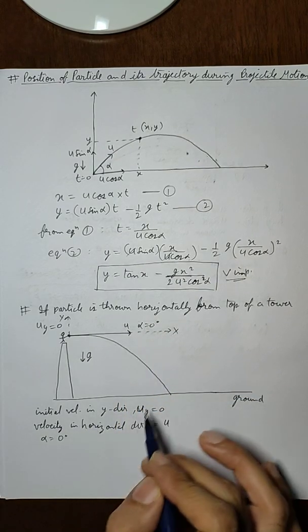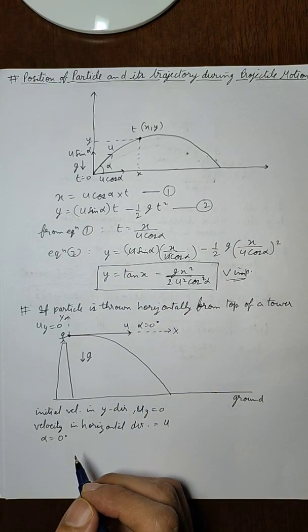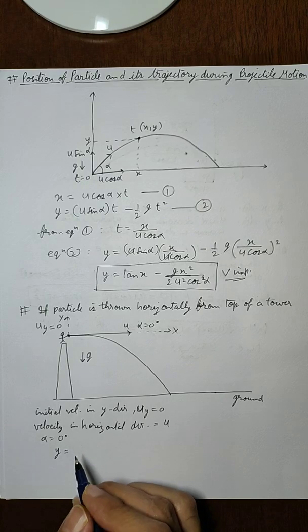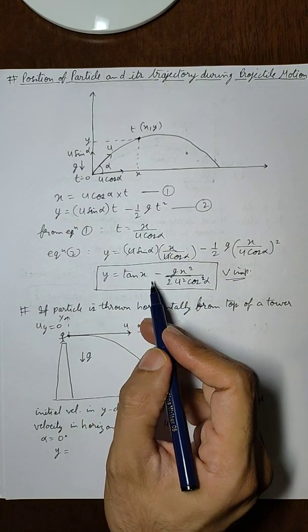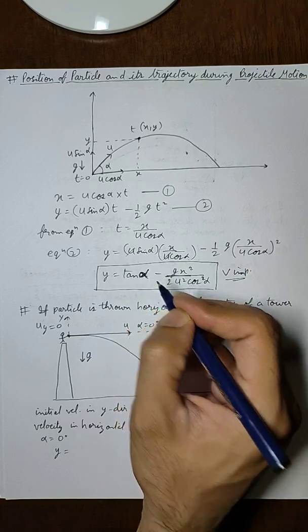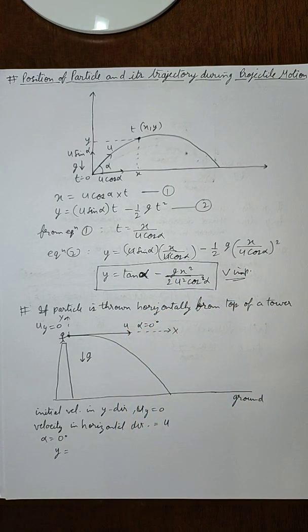Now if we use this information and put it in the equation of trajectory, we can find the trajectory of this motion also. So we can write y equals x tan alpha, this is alpha, this is not x, make this correction here, this is tan alpha.